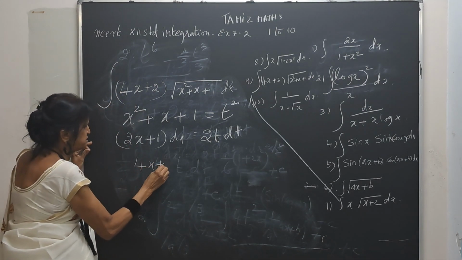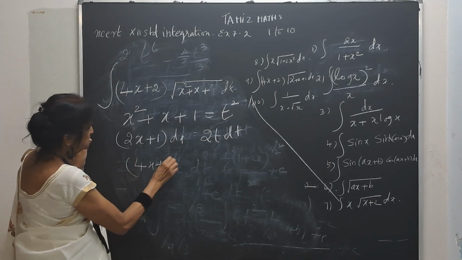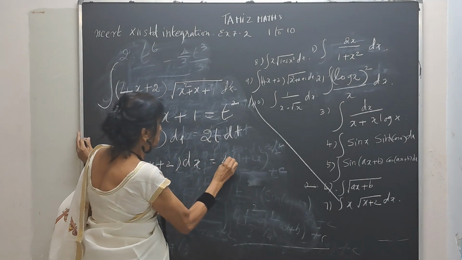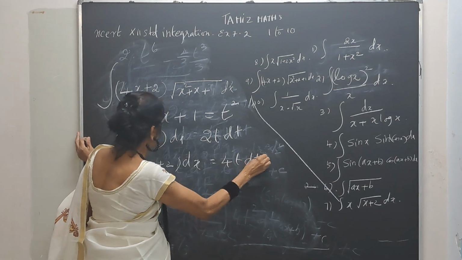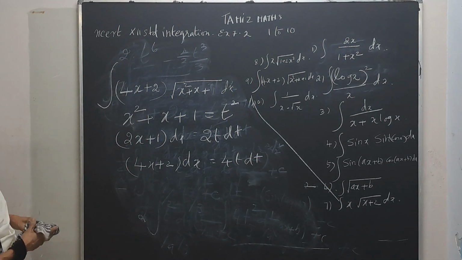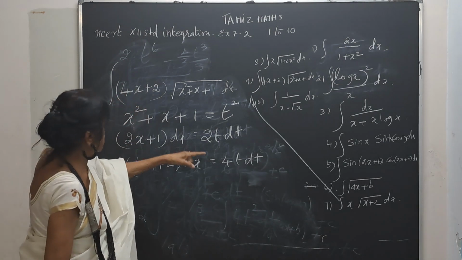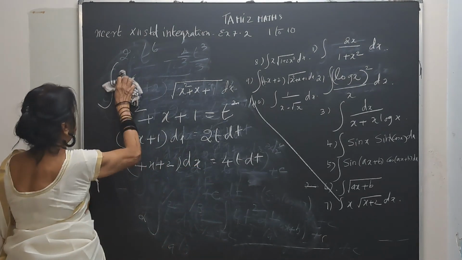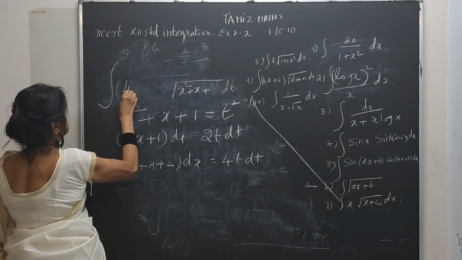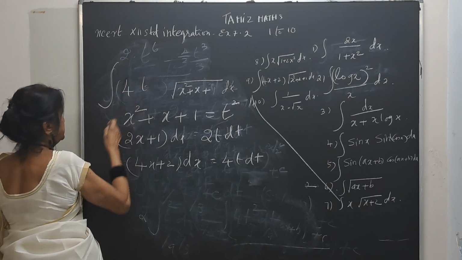It is 4x plus 2 dx. I am multiplying by 2, no? So 4t dt. So what is 4x plus 2 dx? 4t dt.